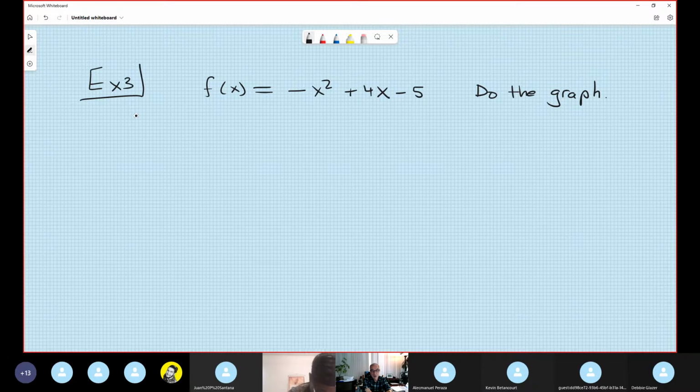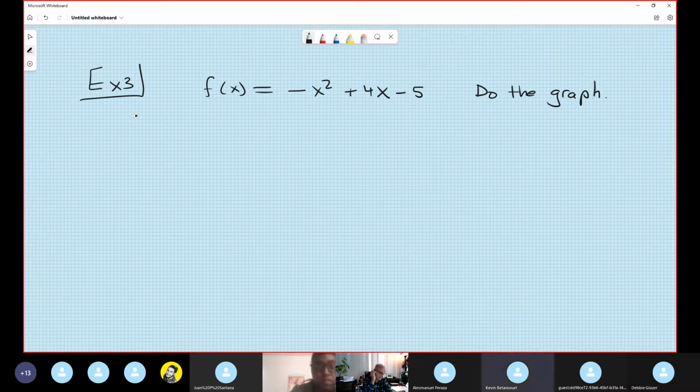Okay, now. Question number 1 is, in what form is it expressed? Standard or vertex? In what form is it given? Is this in standard or in vertex? Help me, guys. Answer me.